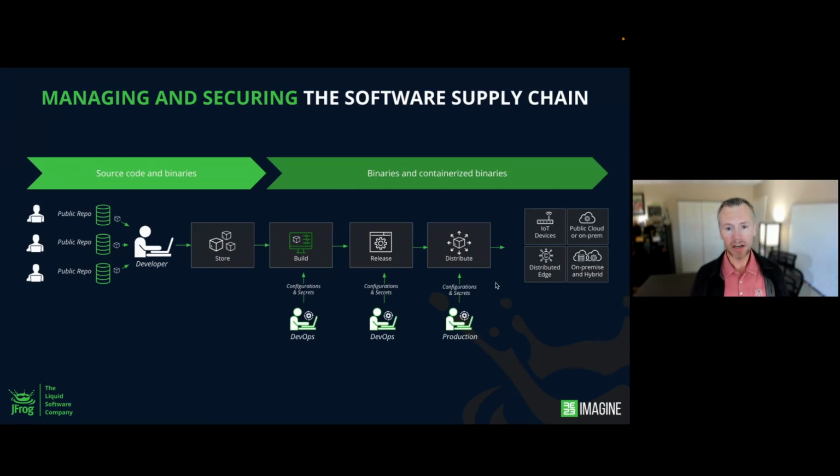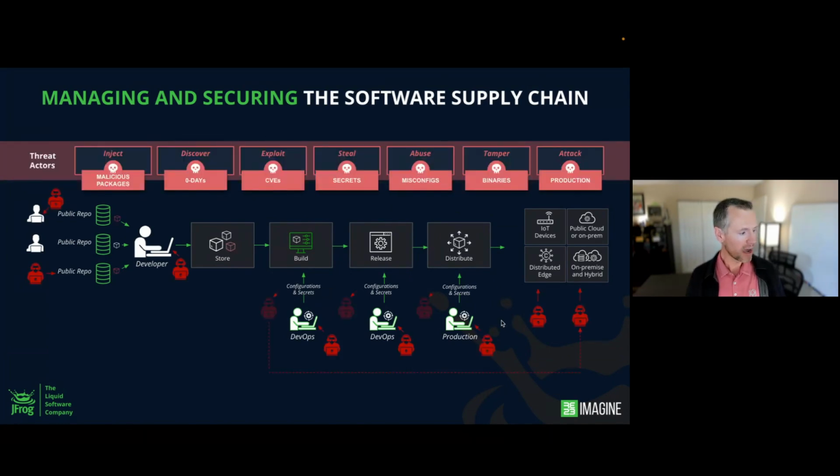So the areas for exploitation along the way are really, really high. There are threat actors all the way from injecting malicious packages to zero days, and we need to be able to find those sooner rather than later. If we're not finding the zero days, somebody else is.